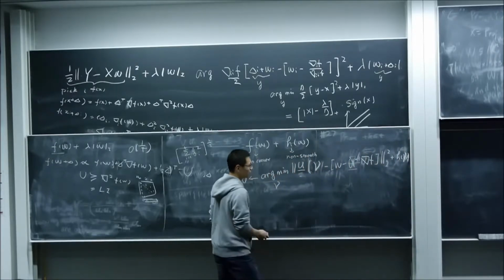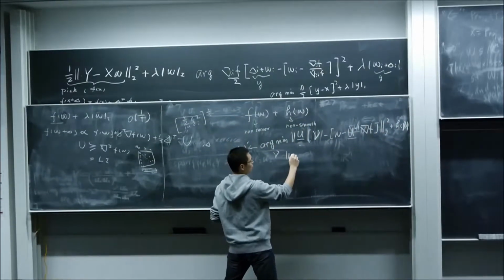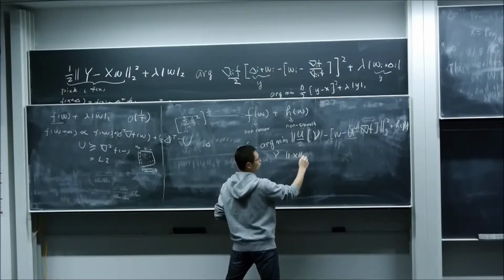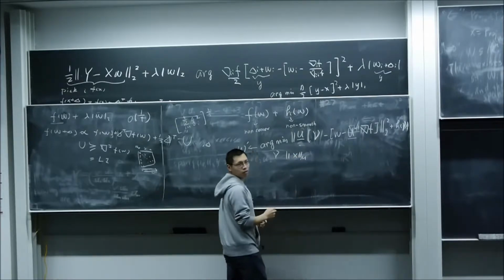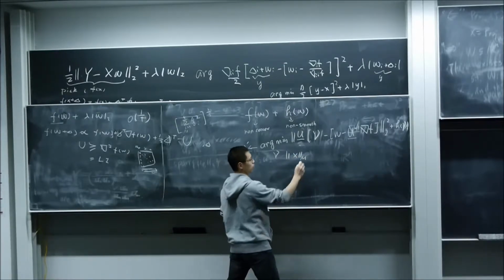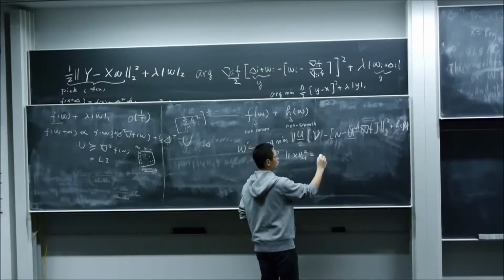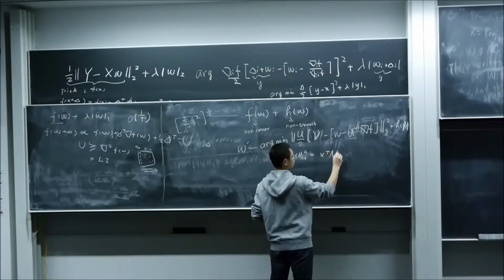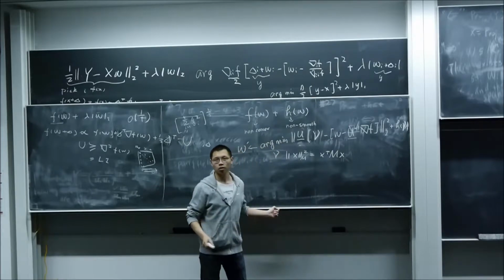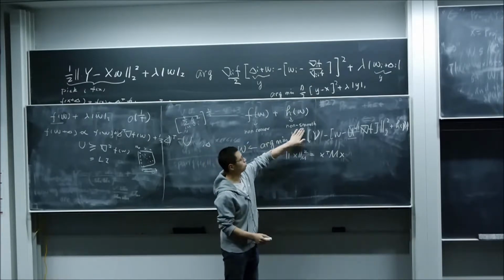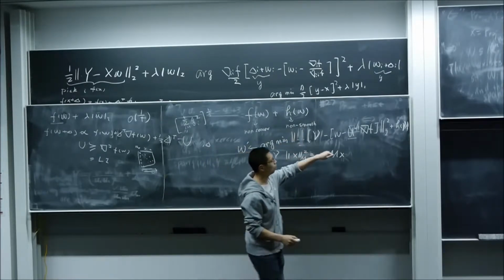This norm, for a given positive definite matrix, is equal to X. So in that case, you can just remove the U here and right here.